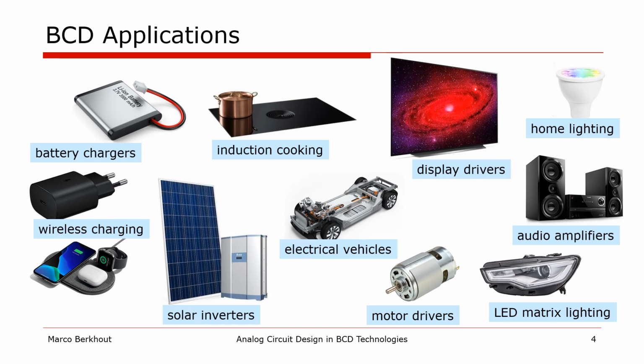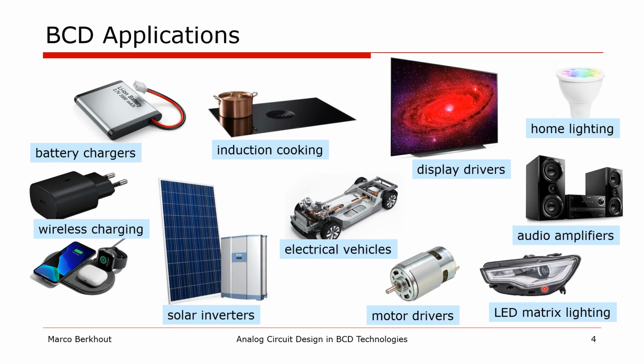Chips made with BCD technology can be found in many devices that we use on a daily basis. When you charge your battery or your phone through a USB cable or wirelessly, you are using BCD technology. The device that connects your solar panels to the mains also uses BCD technology. Cars are packed with ever-increasing amounts of BCD chips, driving the motors of the windscreen wipers, the windows, and even the drivetrain in electrical vehicles, or control the LEDs in those fancy LED matrix headlights.